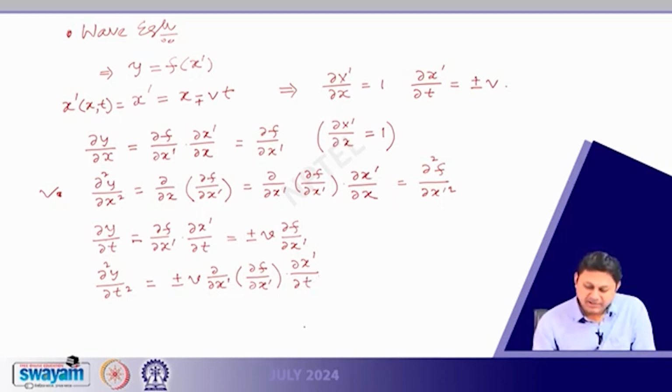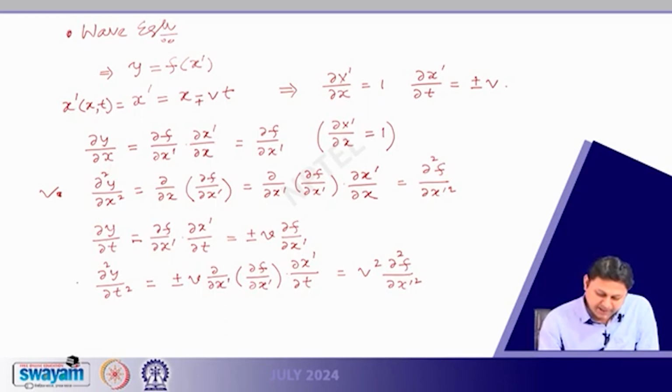Del x prime del t is again plus minus v. So plus minus v multiplied by plus minus v, we have v square del 2f del x prime square.